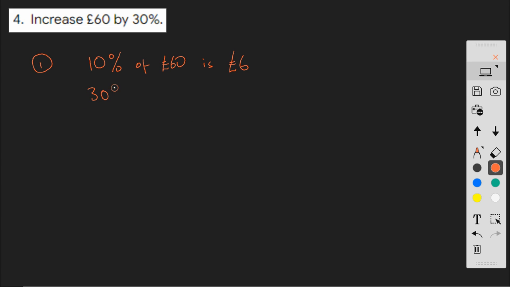So 30% is 6 times 3, which is 18. So if we're going to increase, we've got 60 plus 18, which is 78. Again, with my units.